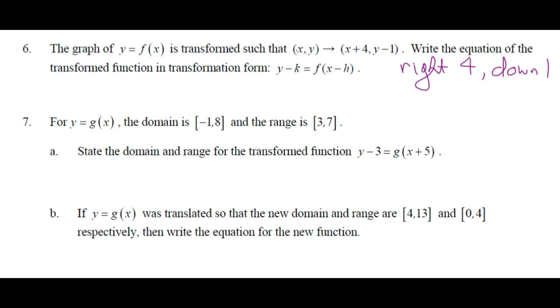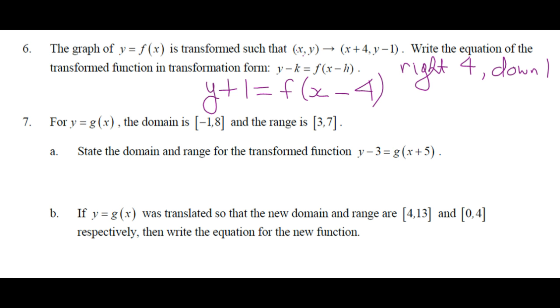If that's a 10, that's a 14, figure it out for yourself. Which way is it going? If that's a 12, that's an 11, going down 1. The transformation, y minus k, what's that going to become? It's now going to be y plus 1 is equal to f of x.